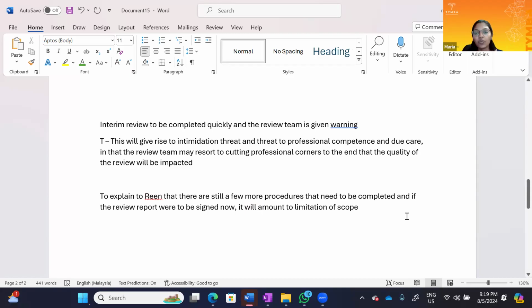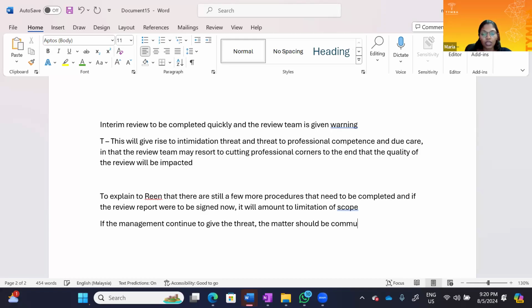Just now you all mentioned that if the management continues to persuade and continues to give the threat, the matter should be communicated with those charged with governance, and explain to them the impact of the matter on the review report.